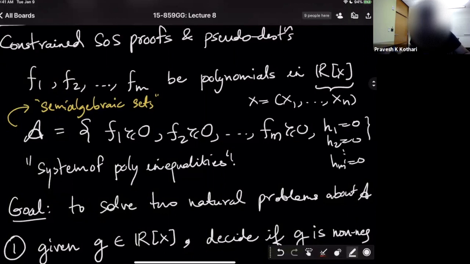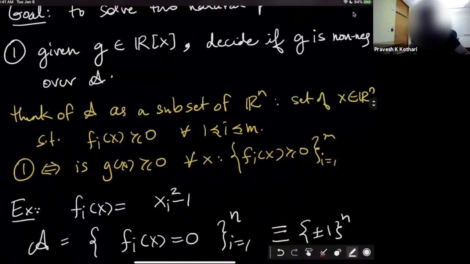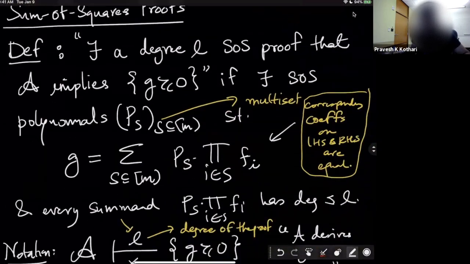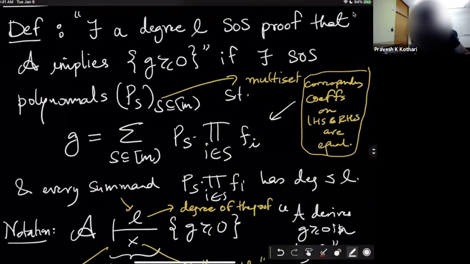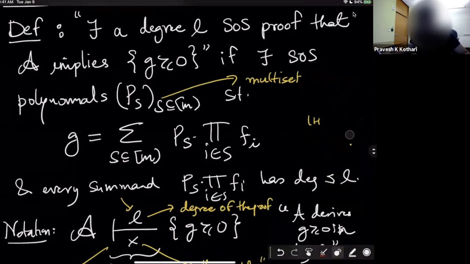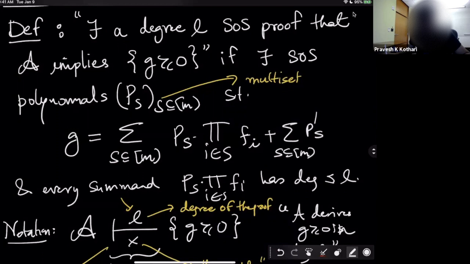So now I have equality constraints, and here these can be arbitrary polynomials.